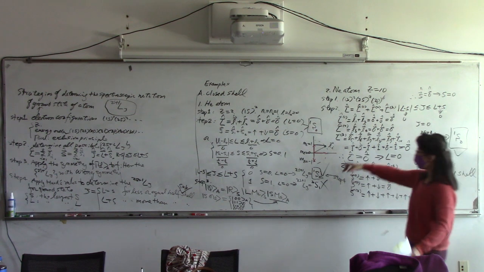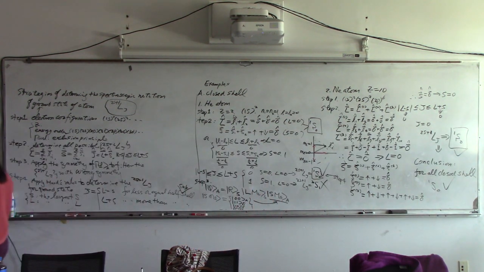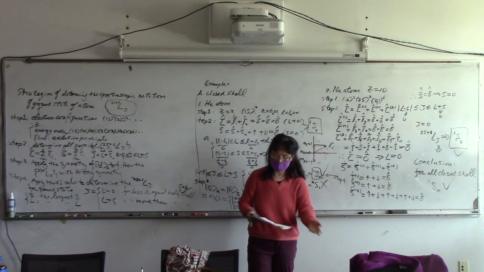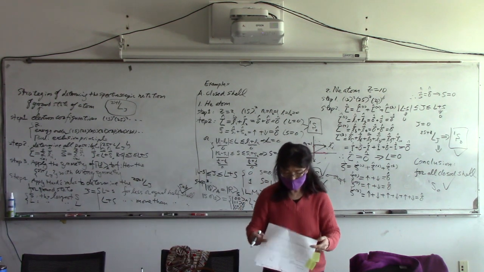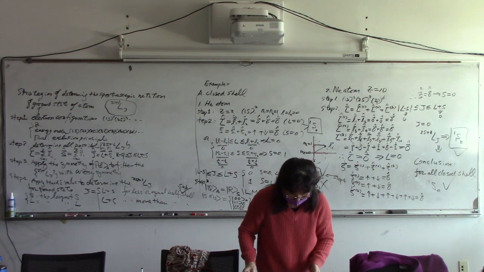Because we can see for a closed shell, all the fully occupied spins cancel, and the orbital momenta also cancel. So L is 0, S is 0, then J is also 0. That is for all closed shells. That is easier.